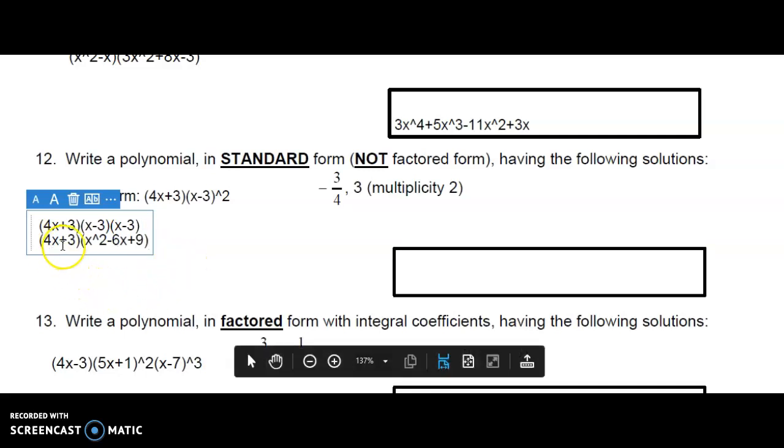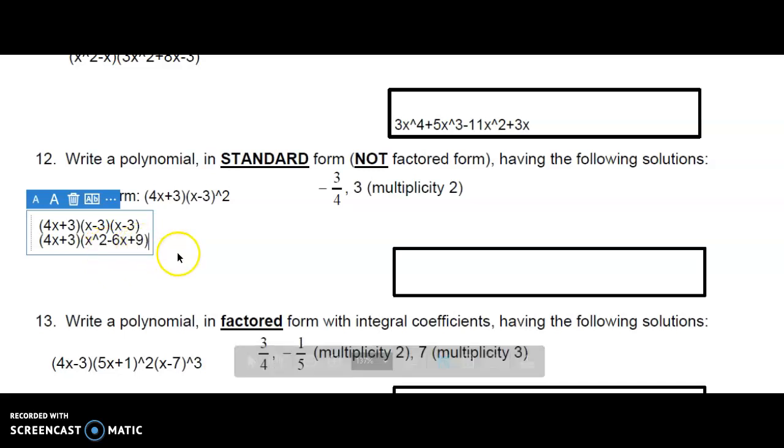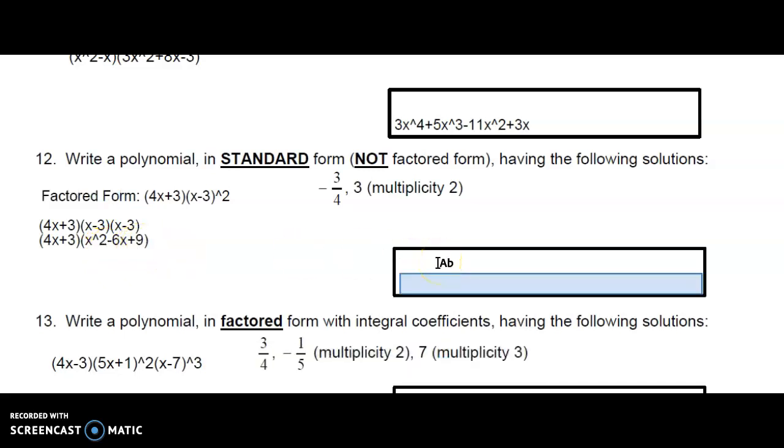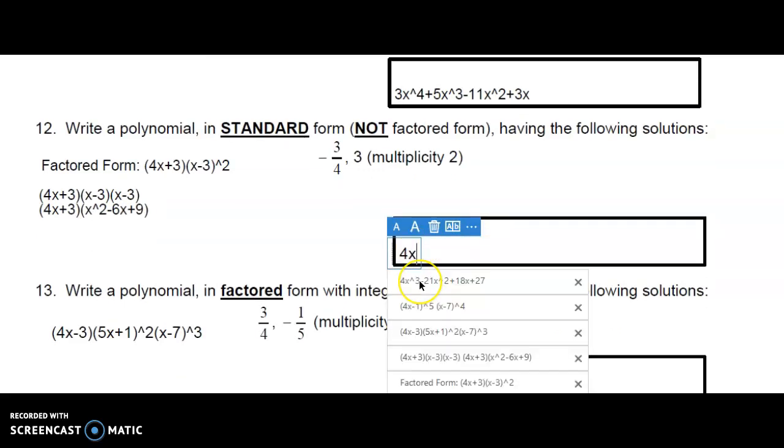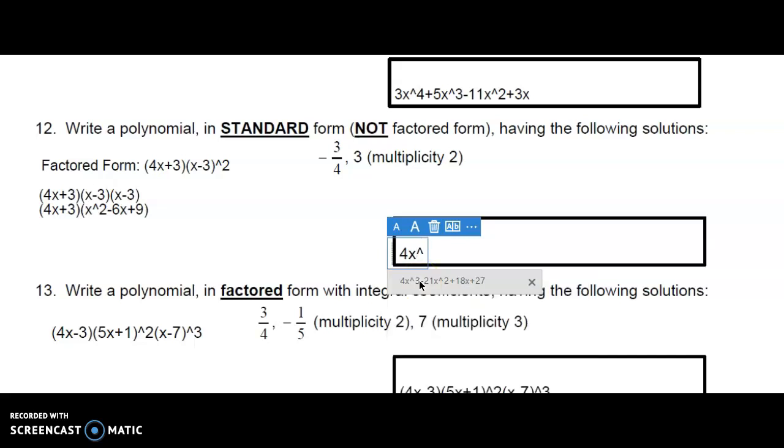Your final step would be to multiply 4x plus 3 times x squared minus 6x plus 9, using box or whatever method works for you. When you multiply that all together, you should end up with 4x to the 3rd power minus 21x squared plus 18x plus 27.